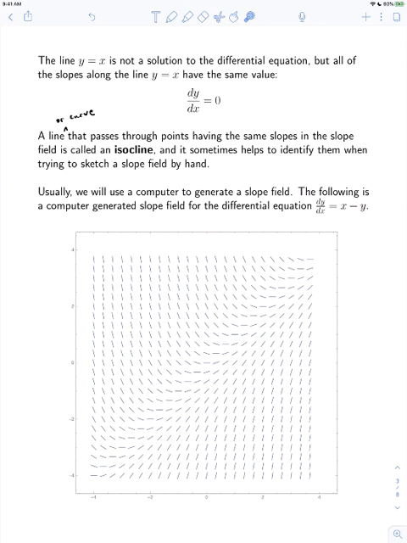They're all horizontal. You can sort of get an idea why it's called a direction field or a slope field now, because if you connect these line segments up, it gives you some idea what a solution looks like. On the next slide, we have a couple of these solutions plotted.